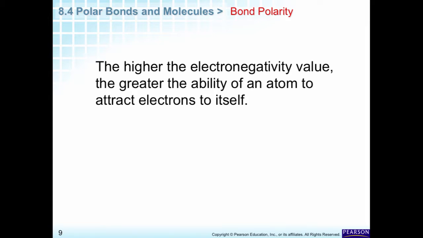The higher the electronegativity value, the greater the ability of an atom to attract electrons to itself. So things on the upper right side are going to want to bring the electrons to them. Things on the lower left side are happy not to have them spend much time with them at all.